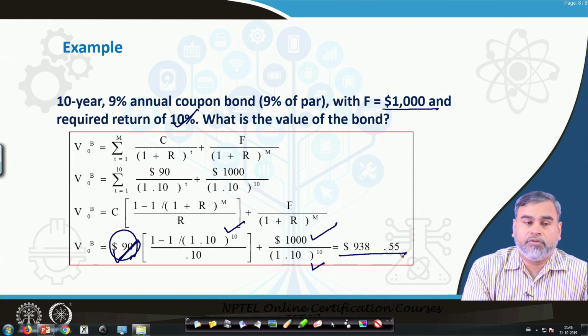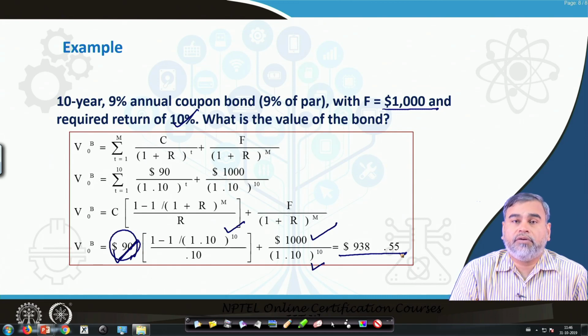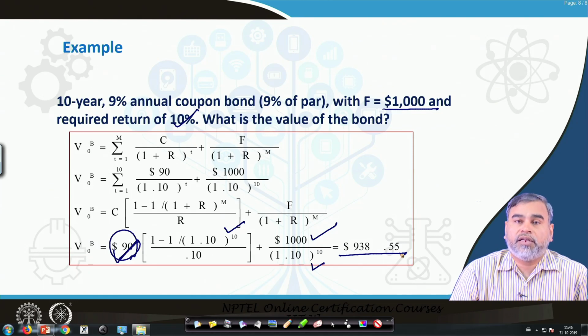Finally the value of the bond is 938.55. This is the value of the bond where the coupon is paid annually, the face value is 1000, the coupon rate is 9%, and the maturity period is 10 years.